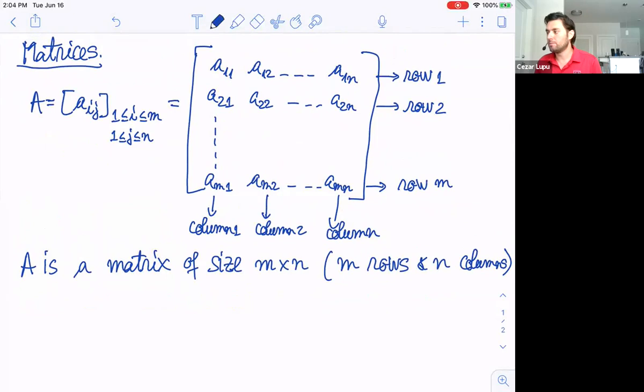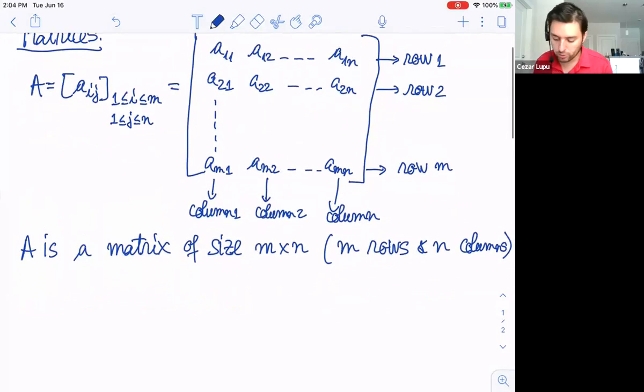As you can see, the number of rows doesn't necessarily have to be equal to the number of columns.